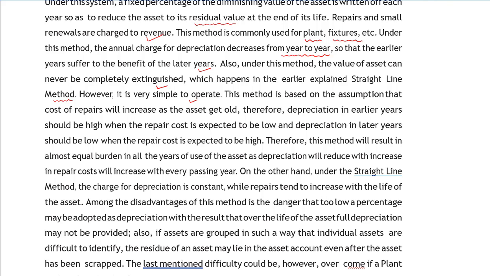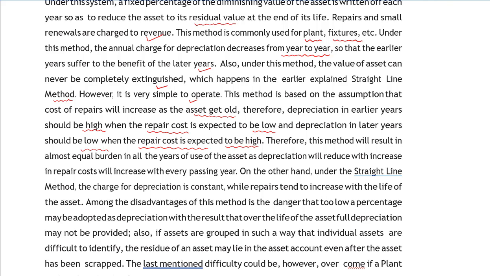The method is based on the assumption that the cost of repairs will increase as the asset gets old, and therefore the depreciation in the earlier years should be high when the repair cost is expected to be low, and the depreciation in the later years will be low when the repair cost is expected to be high.